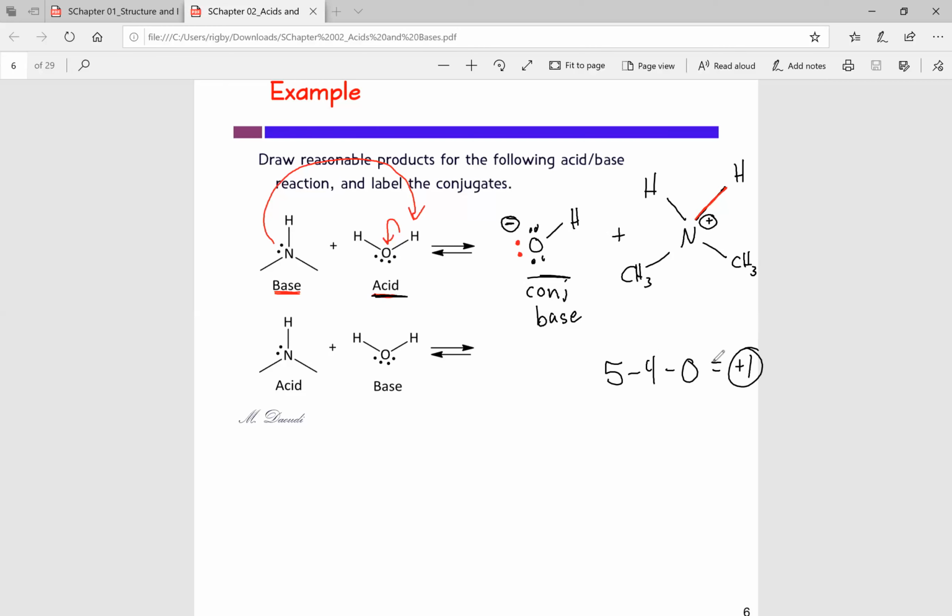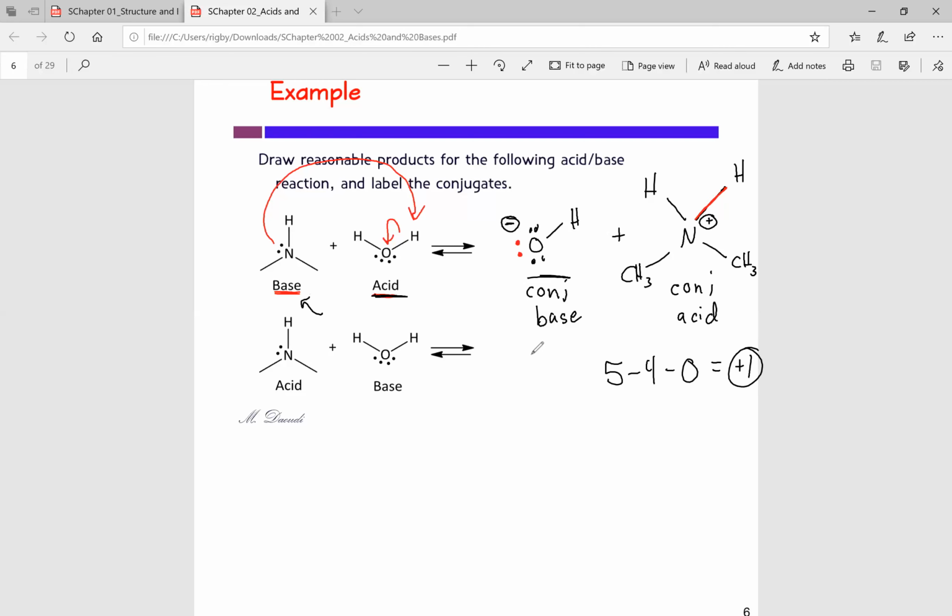And similar to how a conjugate base is going to become more negative, usually a conjugate acid, which this is in this case, is going to become more positive. So if you start out with something that's neutrally charged, such as in this case, it's generally going to gain a charge of +1. If it starts out as negatively charged, it's going to end up with a neutral charge. If it starts out as positively charged, it's going to become more positive, okay?